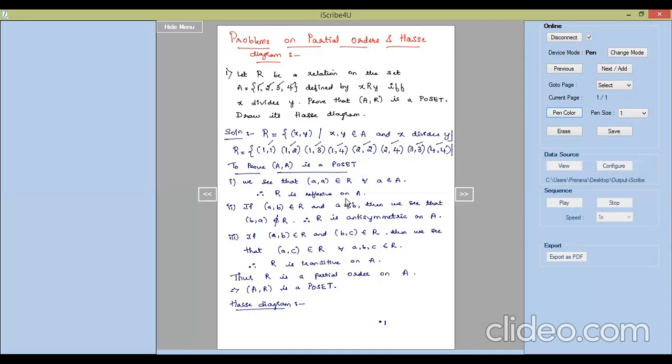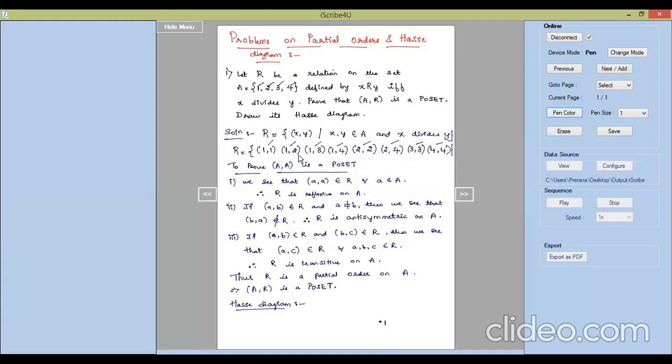And hence the loop will be obvious. We will not explicitly show it in the Hasse diagram. That is what we checked in condition 1 of the theory. So we are not going to draw a loop. It is obvious, which represents 1, 1.